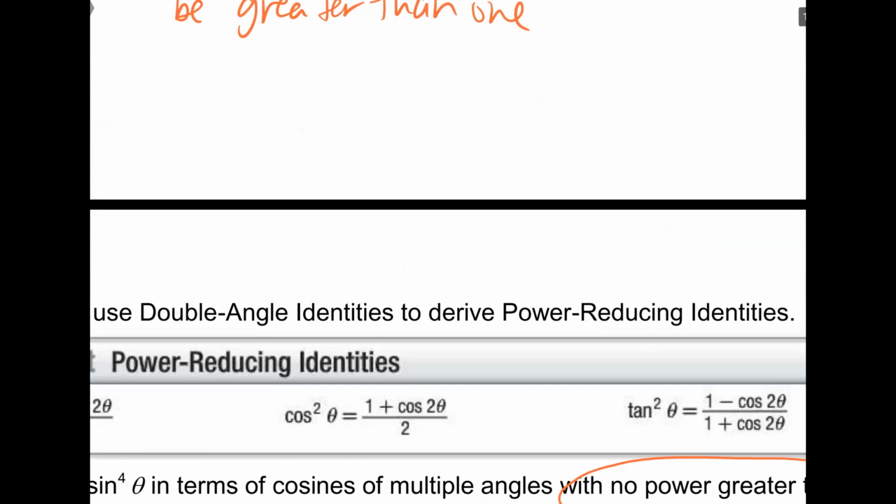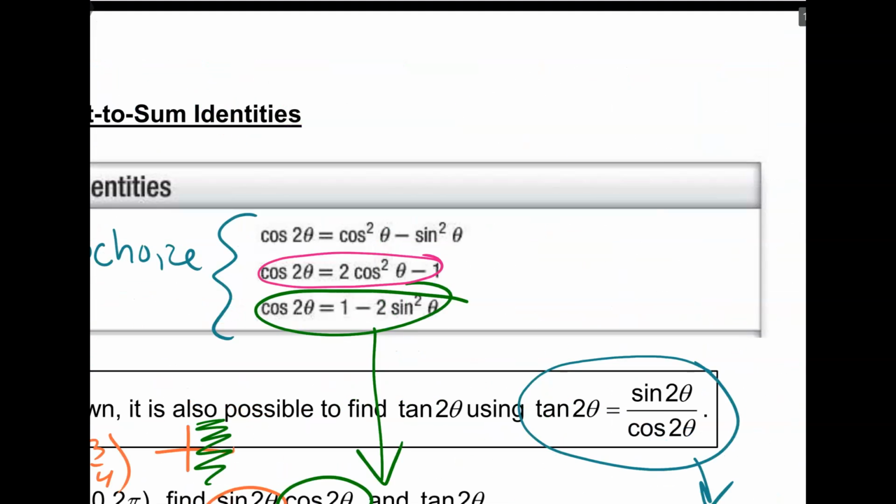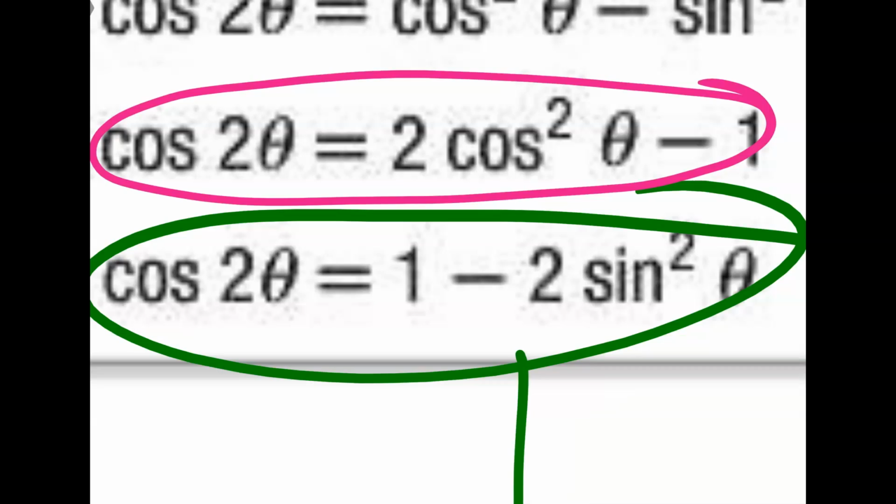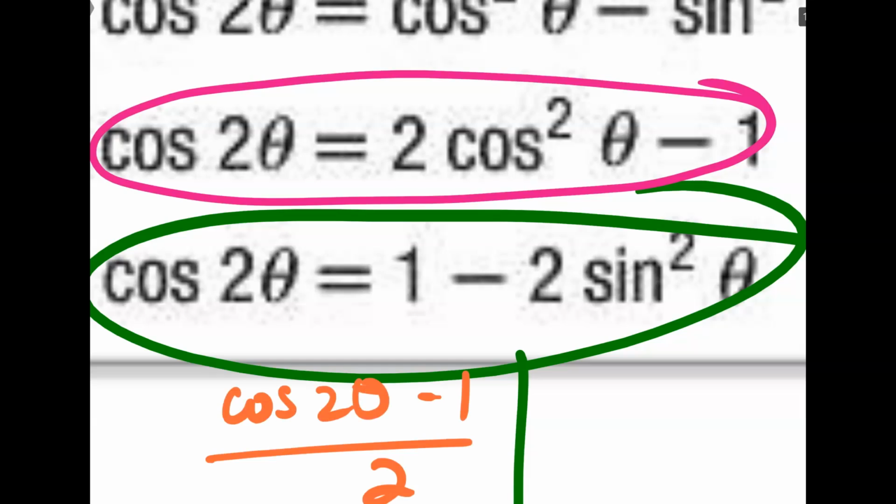So if I come up to this one right here, how can I get sine squared theta by itself? Subtract 1, and then I have to divide by 2. If you look at your power reducing identities, you'll see sine squared theta is equal to cosine double angle minus 1 all over 2. You see that at the top of your page?